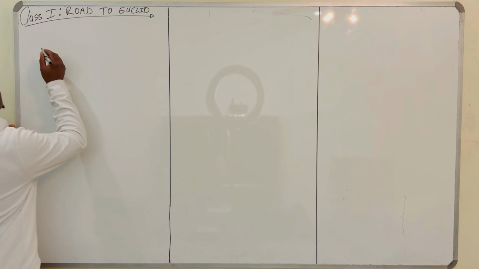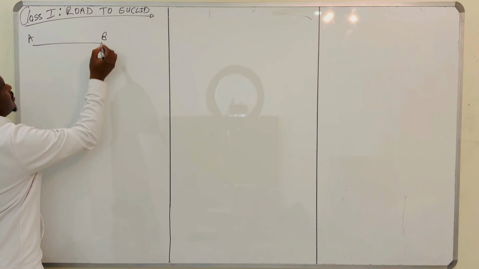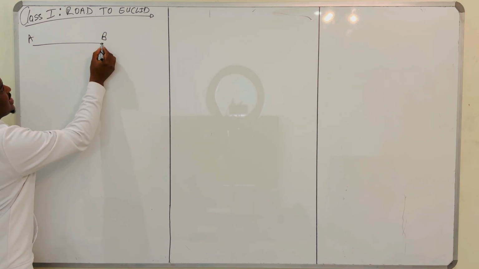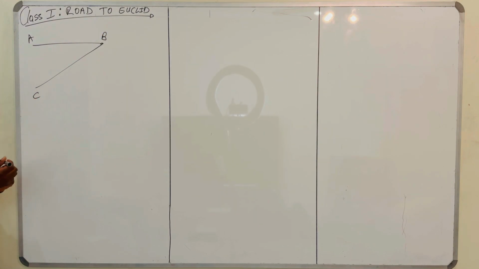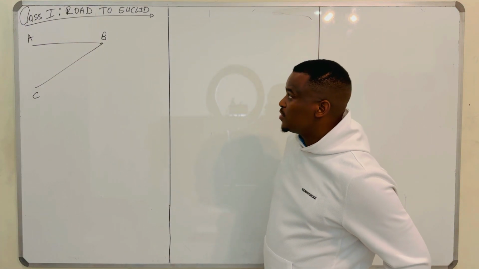If you have a line, let's say a line AB, and this line intersects with another line CB. Do you see that these two lines intersect? Where do they intersect?